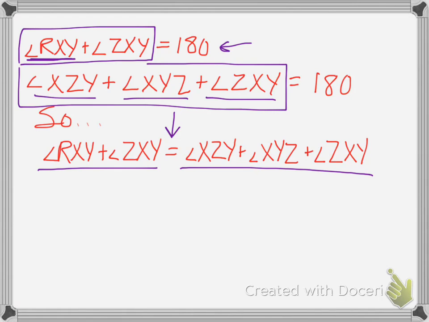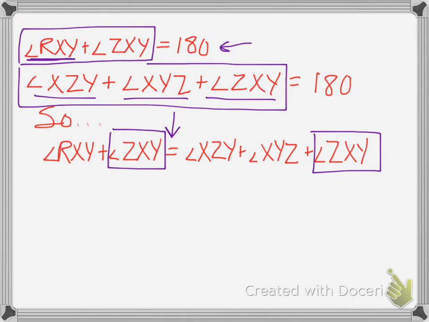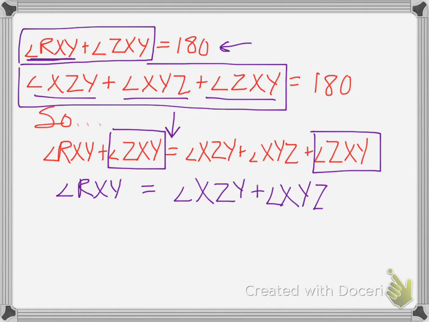So what I'm going to do here then is notice that on both sides of this equation I have a ZXY. Whatever that measure is, I don't know what it is, but it's the same. So I can subtract that from both sides of this equation and come up with the final relationship that angle RXY is equal to angle XZY plus angle XYZ.